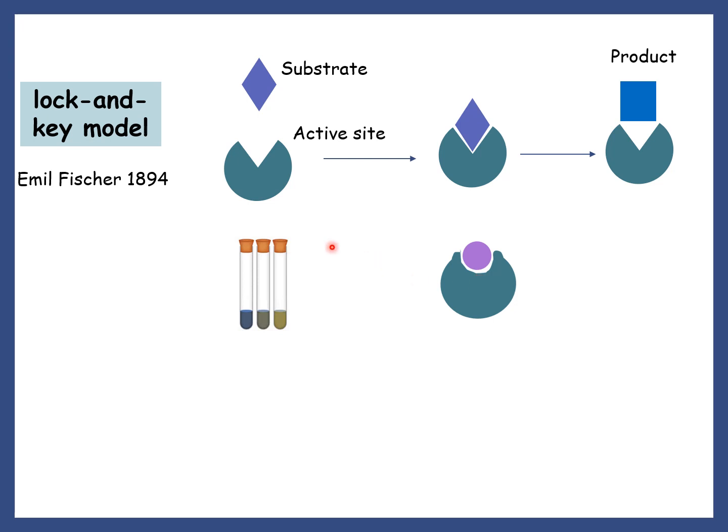So it was something like this at the beginning, but upon substrate binding, it actually changed. And so this complementarity concept doesn't fit in, and the substrate is not something exactly complementary to the active site in terms of the structure.